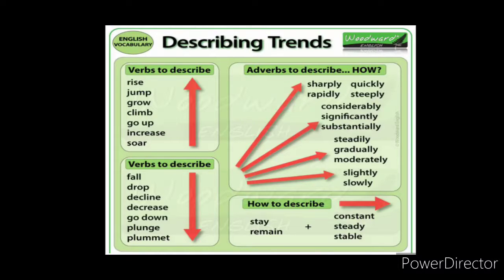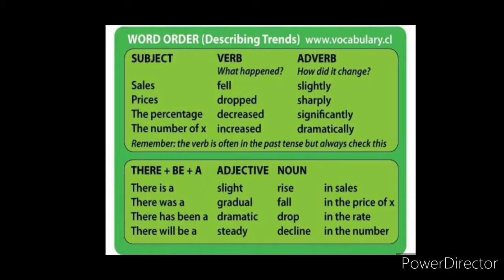In a similar way, adverbs to describe how it has been done, the adverbs of manner: sharply, quickly, rapidly, steeply. So these are some of the important points which you all need to keep in mind while writing an analytical paragraph and to make it an interesting affair, right?